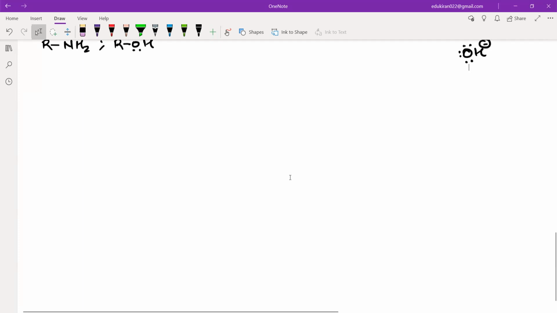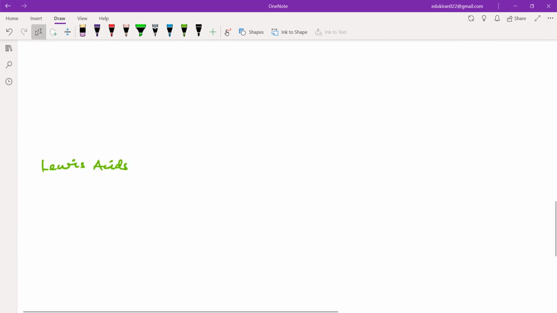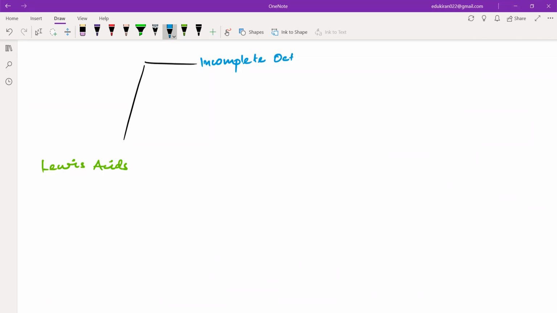Right, next, that is Lewis acids. We can categorize Lewis acids into 4 different classes. The first ones are those which have an incomplete octet.